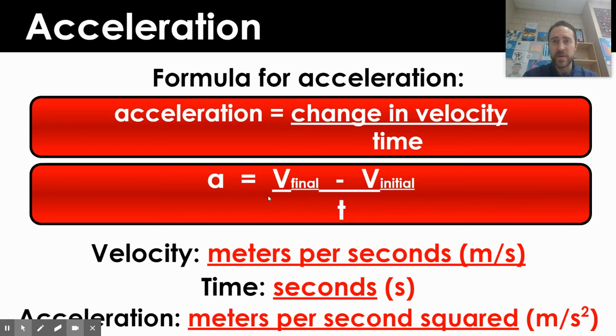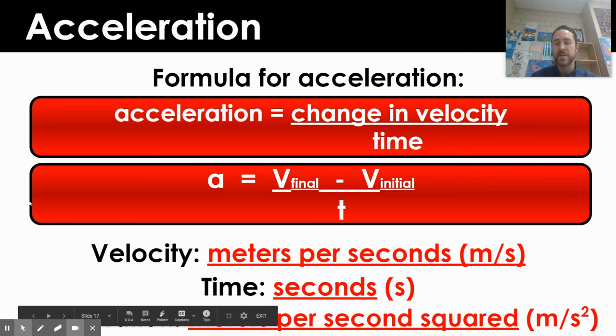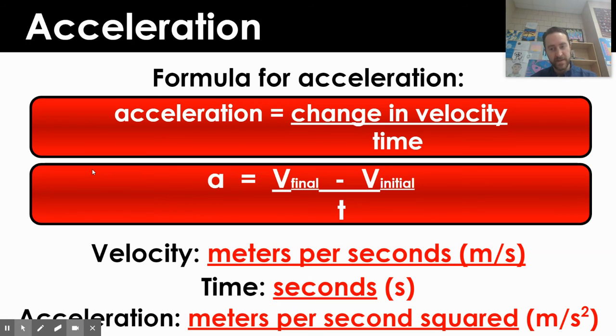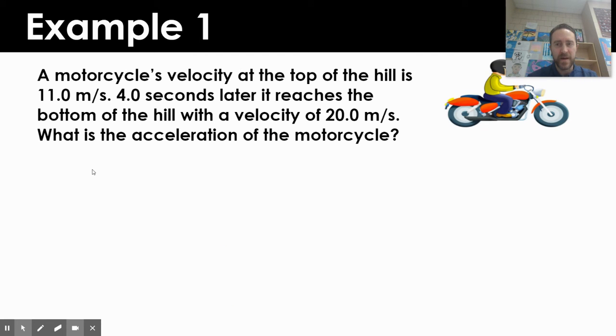In our time trials, we'll use speed as our velocity, so it'll be our final speed minus our initial speed, minus how fast we were going at the beginning, divided by how long it took us to do that. Acceleration is measured in meters per second squared, because you're changing speed in meters per second, and we measure it in seconds. So let's take a look at an example first.